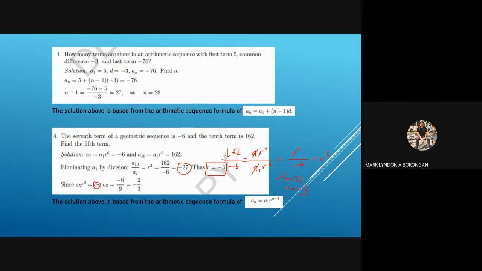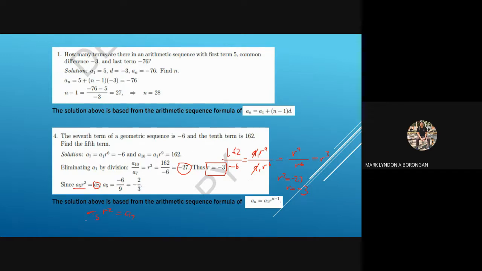Since what we are looking for is the fifth term, we use a sub 5. So a sub 5 times r squared is equal to a sub 7.